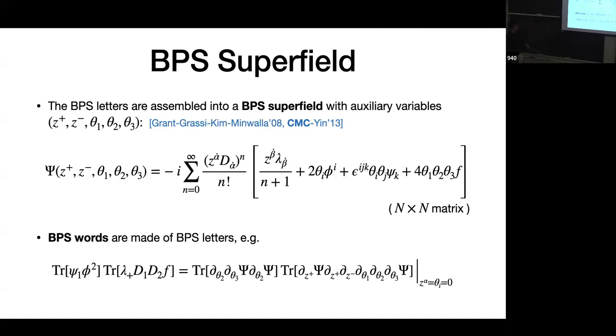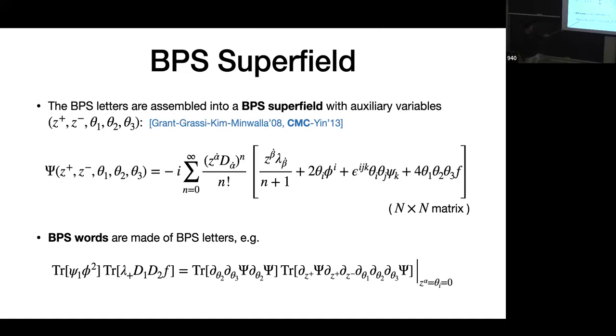Okay. Yeah, and with this, we can try to write down the operators that we call BPS words. As I said, they are made of some gauge invariant combinations of these letters. This is a very simple example.